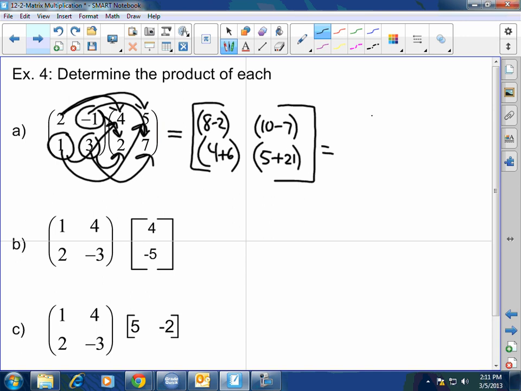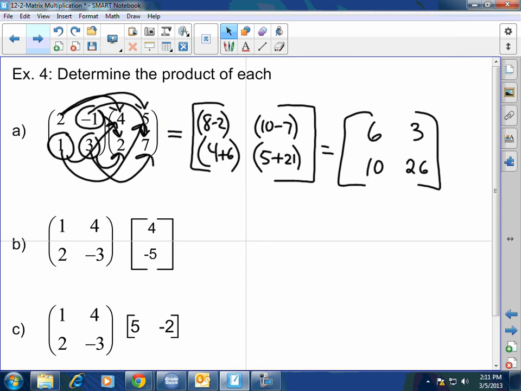So now my answer is going to be 6, 3, 10, 26. That makes sense. Takes a little bit of time, but that makes sense. You see where you were making your mistake now? Okay, let's try this next one.